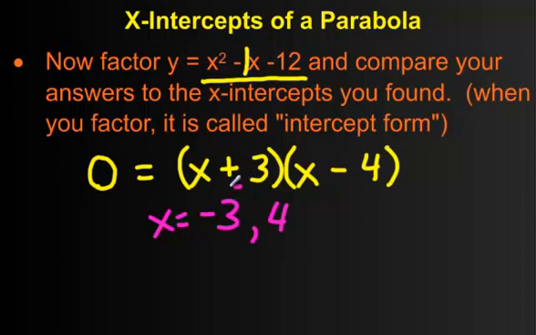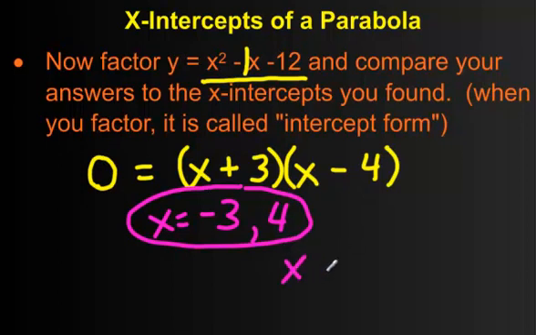So there's two x-intercepts. x could be either -3 or x could be 4 in order for this whole thing to become 0. You can write it like this if you want: x equals -3 for one of the intercepts and x equals 4 for the other intercept.